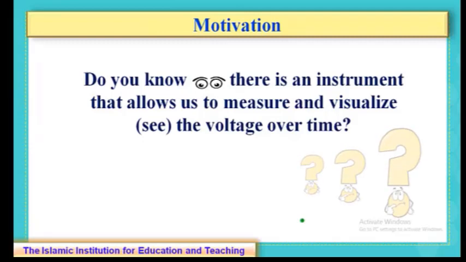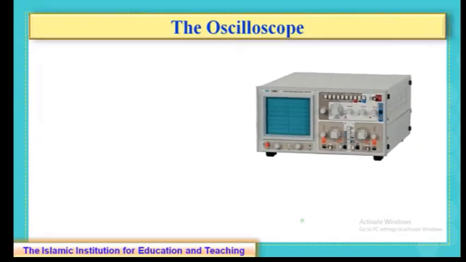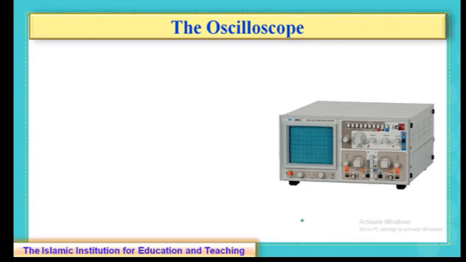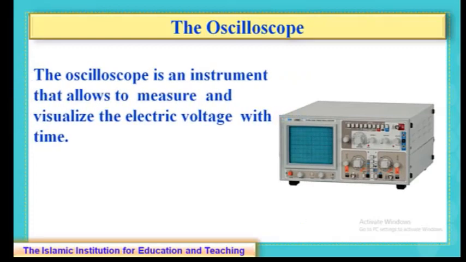Yes, there is. This is the amazing instrument called the oscilloscope, which allows us to measure and visualize the electric voltage with time. But the question is, how is this voltage displayed on the screen of the oscilloscope?